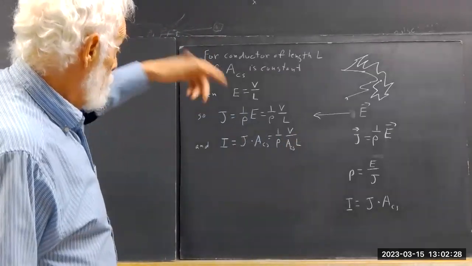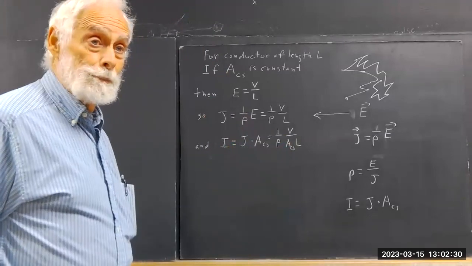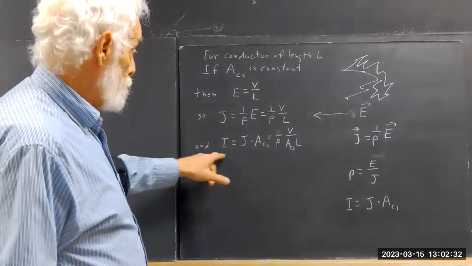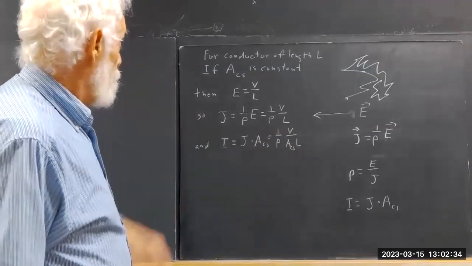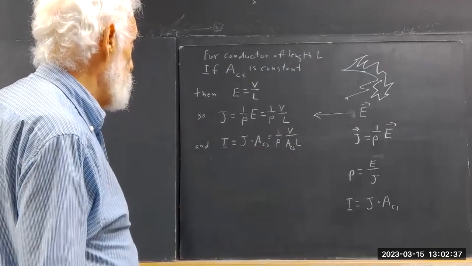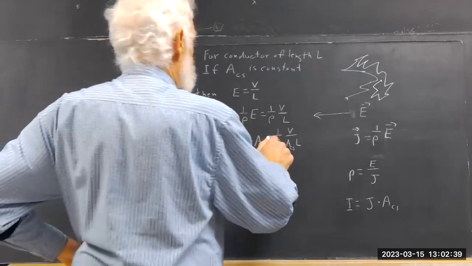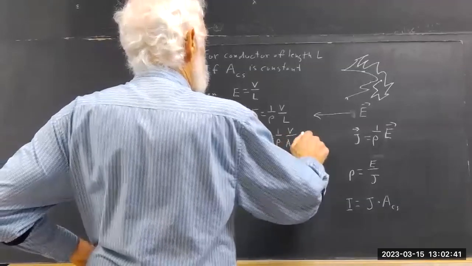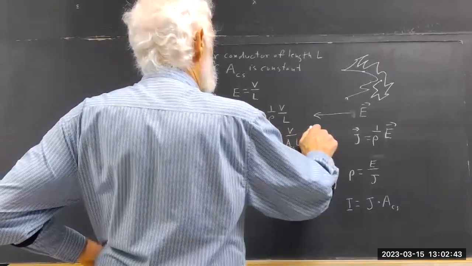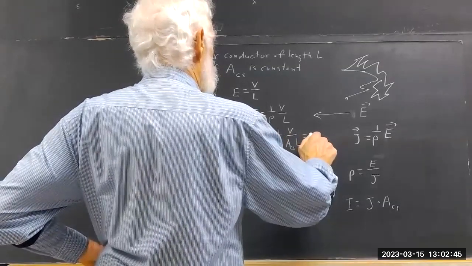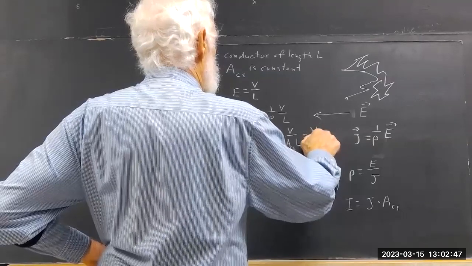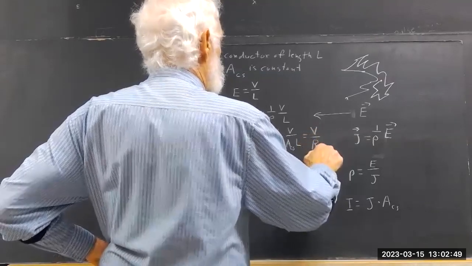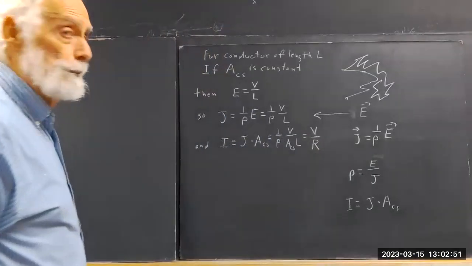Okay, we can write this. Basically, current equals voltage over resistance.